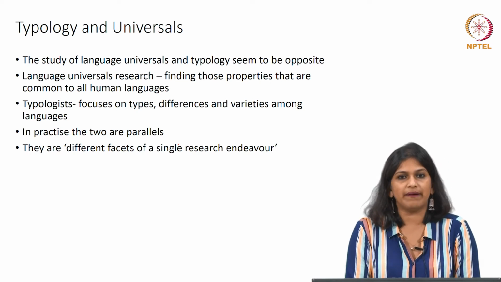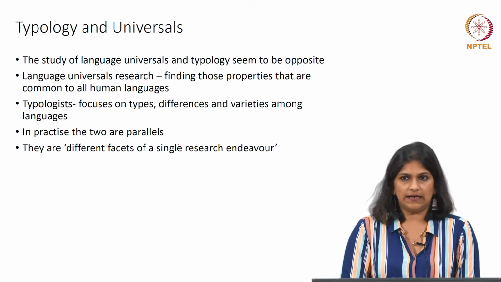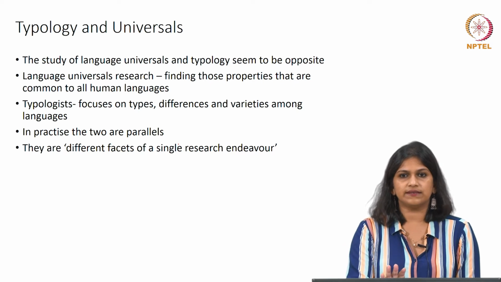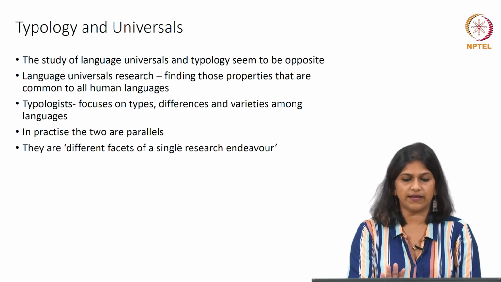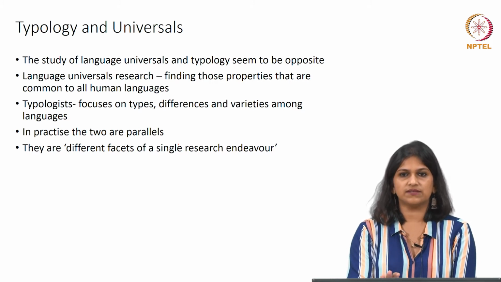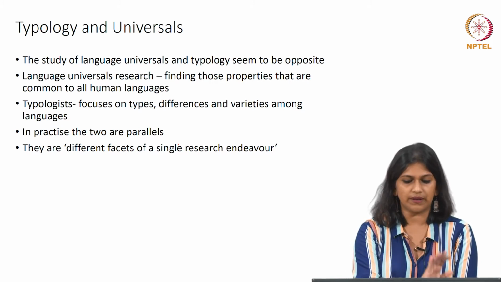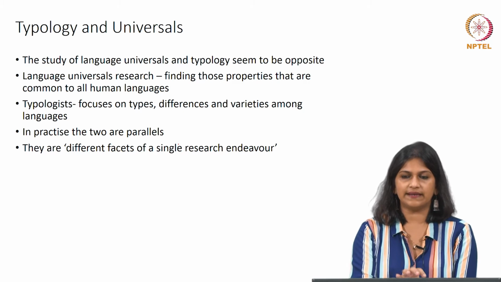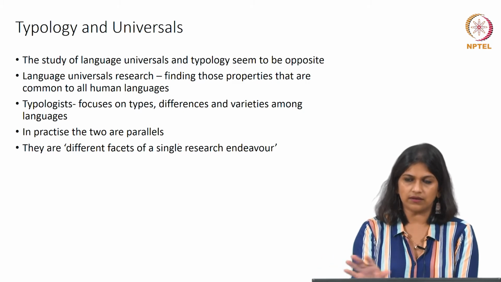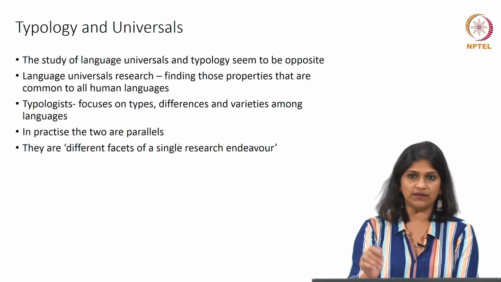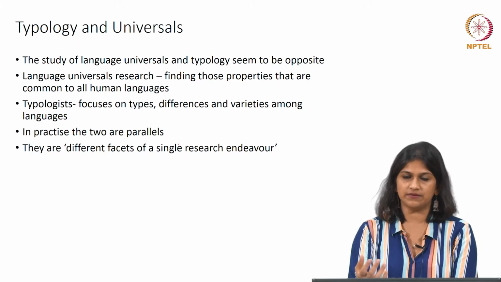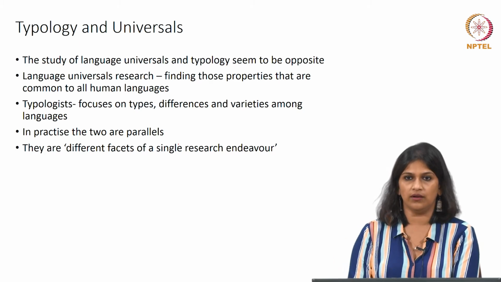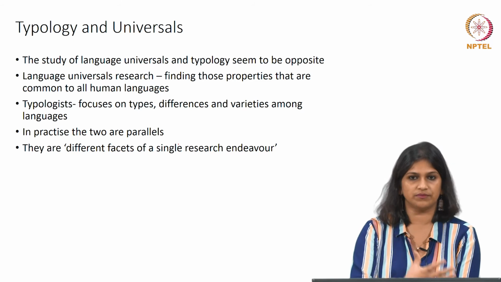Is it possible by any way? On the surface, if you look at the objective of these disciplines, you will realize that language universals would focus on the similarities primarily, or a commonality that is available across languages or most of the languages, then only we are going to call it universal. So, universal means something that is common to all, or at least common to most of the languages.